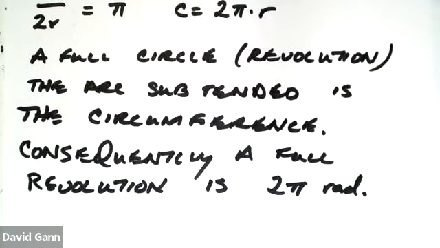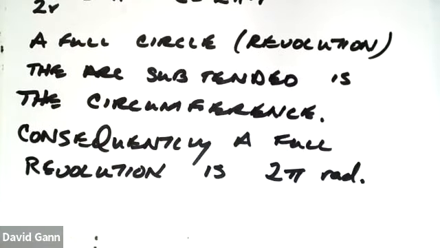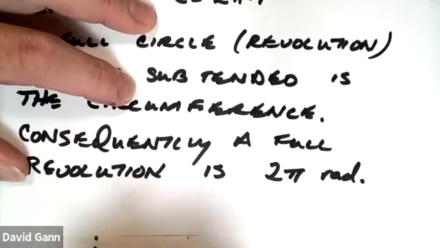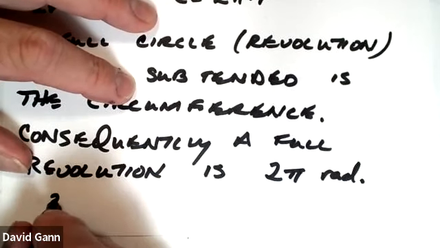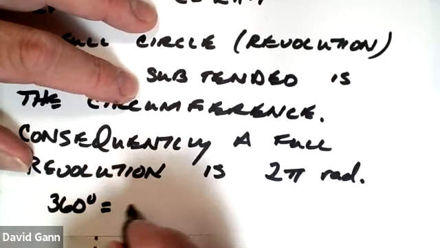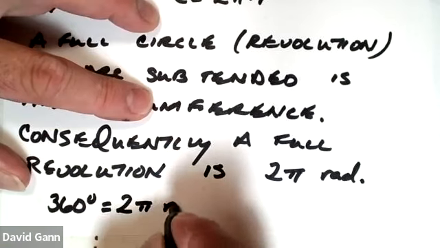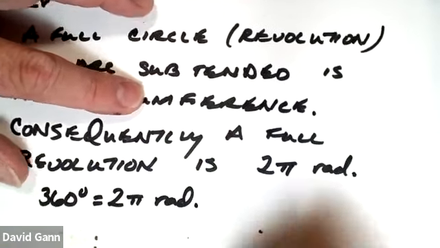So this gives us a way to convert between degrees and radians, because we know a full circle, a full revolution, is 360 degrees, and this other way of defining it, a full revolution, is 2 pi radians. So the two must be exactly equal to each other. So 360 degrees is equal to 2 pi radians.